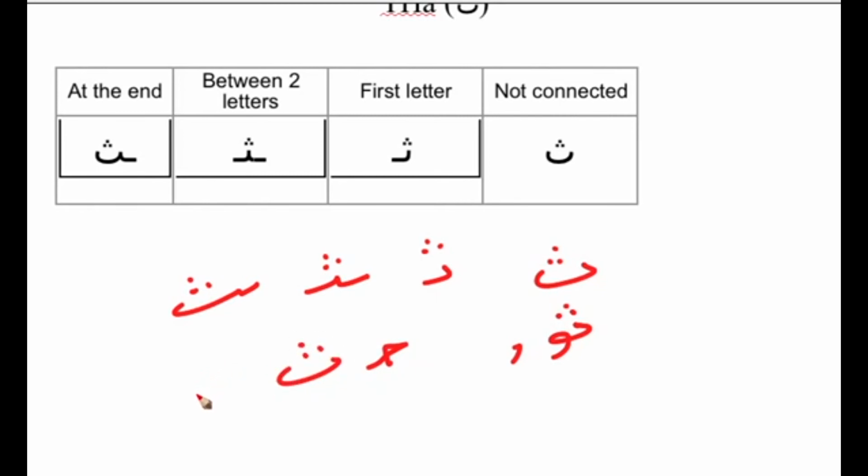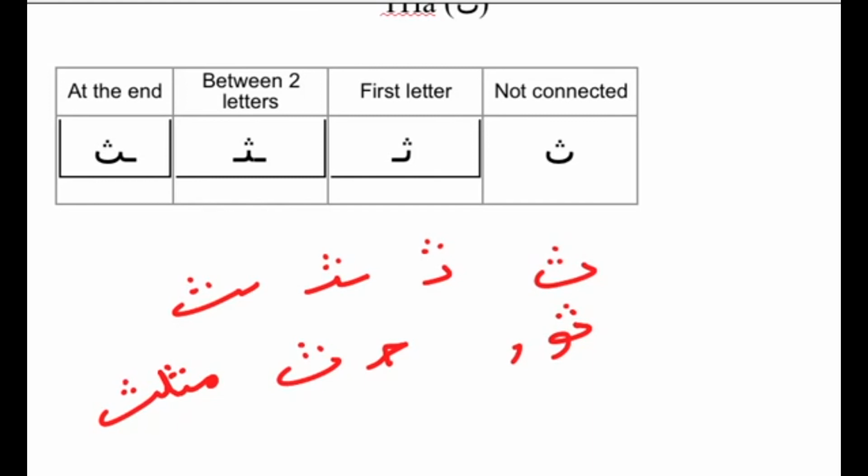Now let us see a word where the letter Tha appears in the middle: muthallath. This word has 2 Tha, which is unique. In the beginning we have the letter Meem, M. Let us highlight.